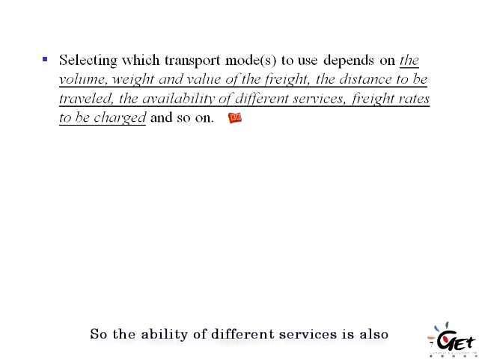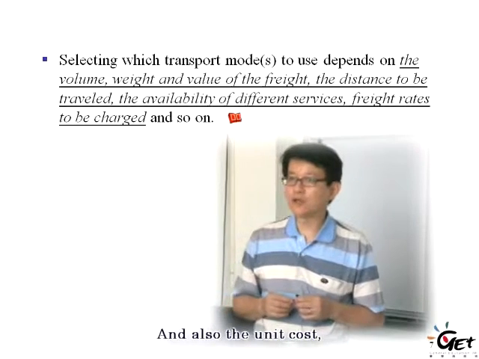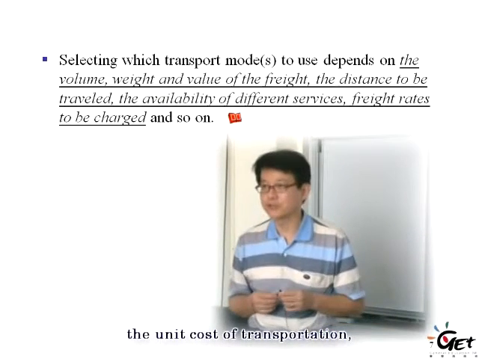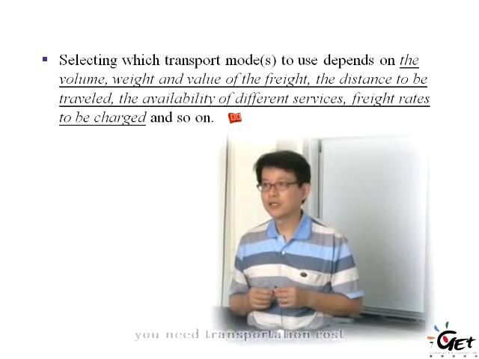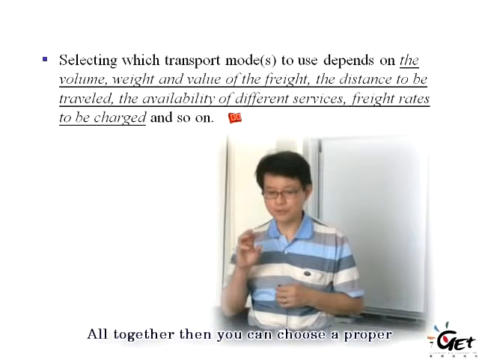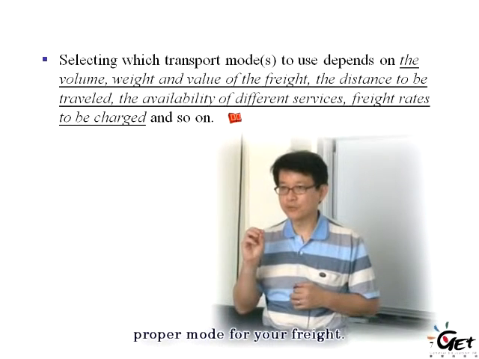So the availability of different services is also a factor that we need to consider. And also the unit cost, the flight rates, the unit transportation cost also need to be considered. Altogether, then you can choose a proper mode for your flight.